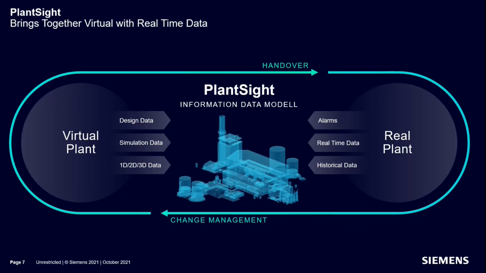And of course, plants having 30, 40 years upwards operating life cycle, then this is a continuous process as changes occur. Changes either from process conditions or from design changes.